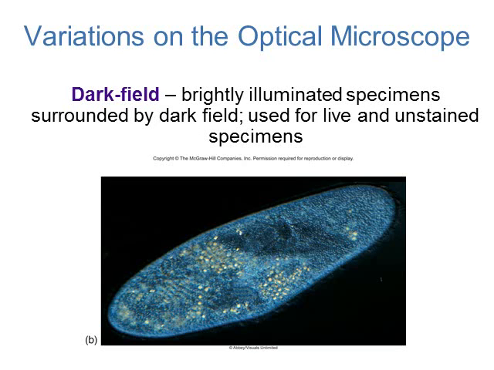Other types of microscopes, you can have a dark field. This is basically just the opposite of a bright field. So your specimen is really brightly illuminated and the background is black or really dark. These are used for live specimens, or they can be used for unstained specimens.